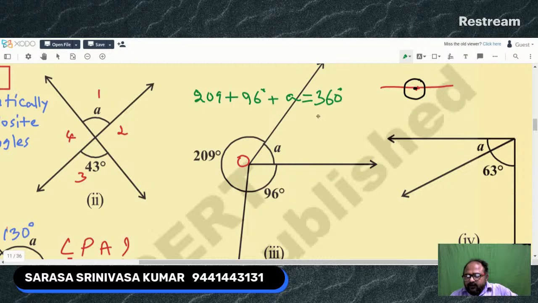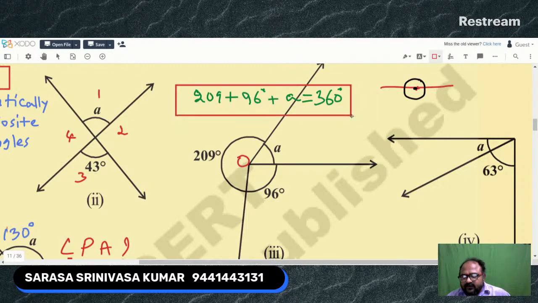What is the property that we used here? The sum of angles formed at a point O is always equal to 360 degrees. So using this property, can you find A?